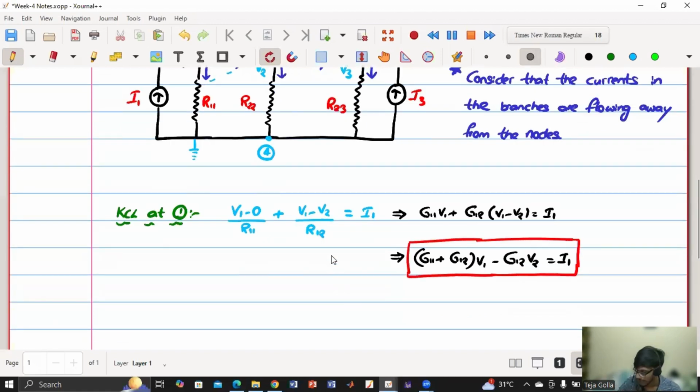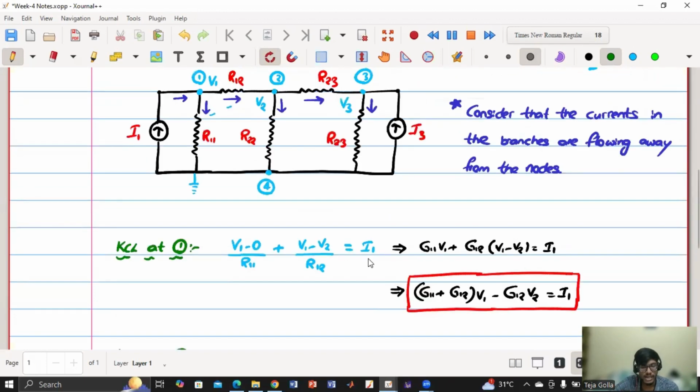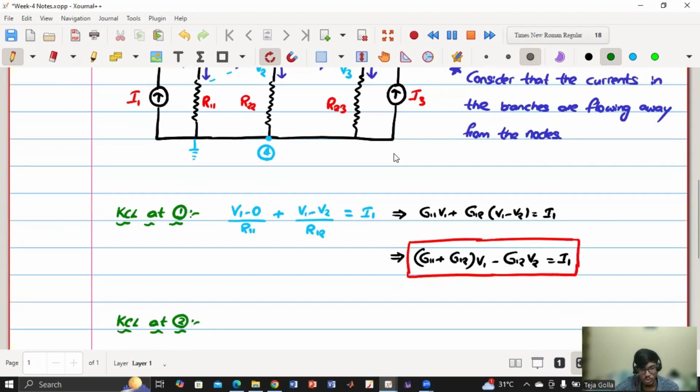Now we'll apply KCL at node 2 and see what equation we get. We'll write the same thing: current leaving equals current entering. Current leaving is V2 by R22. I'll directly write G22 into V2, because V2 by R22 is nothing but G22 into V2. Conductance into the voltage difference is the current.